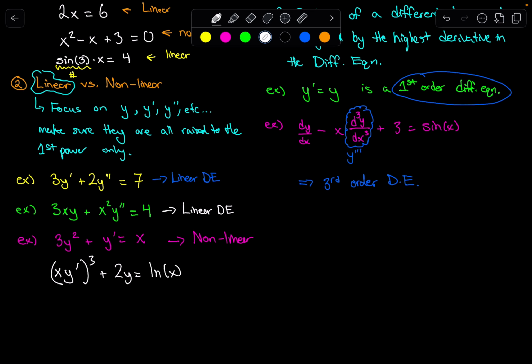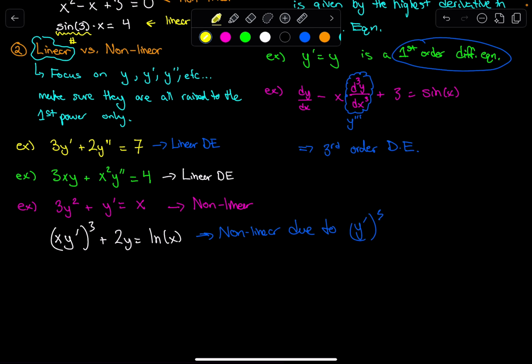This is nonlinear, but it's not nonlinear because of this natural log, and it's not nonlinear because of that x in the front. It's nonlinear because I will end up having a y prime cubed. So this is nonlinear due to the y prime cubed that will eventually show up.